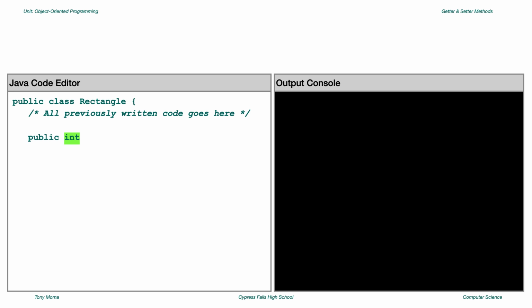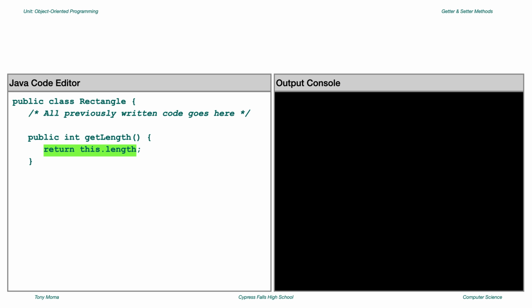The name always begins with the word get, followed by the name of the variable we're trying to retrieve, which in this case is length. So the name of the method is going to be getLength, followed by an empty set of parentheses. Getter methods always have an empty parameter list. They receive no parameters. Then inside the body of the getLength method, we simply return the length. We simply return the instance variable that we're trying to retrieve.